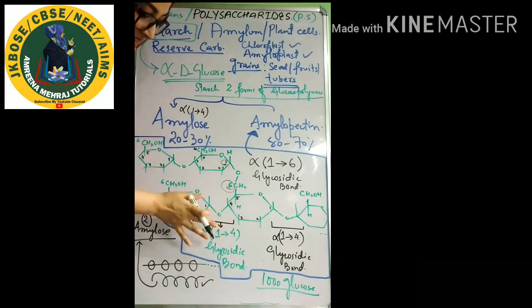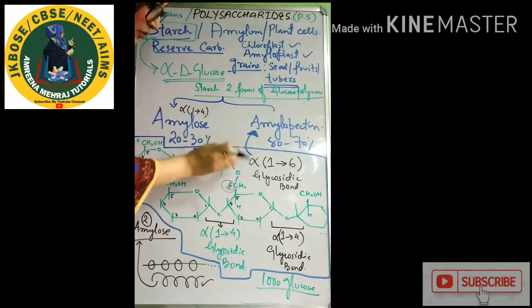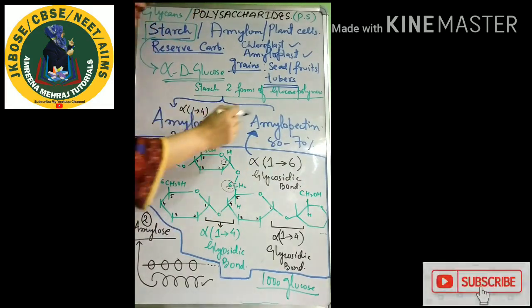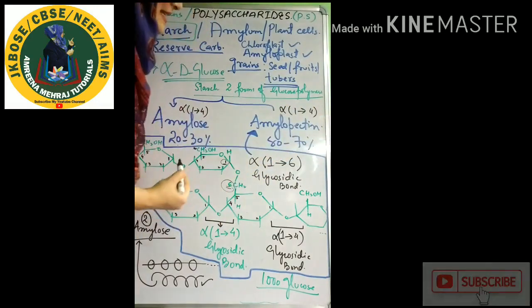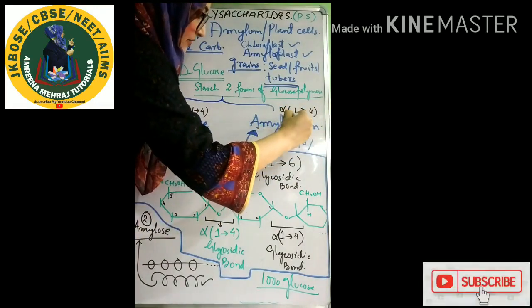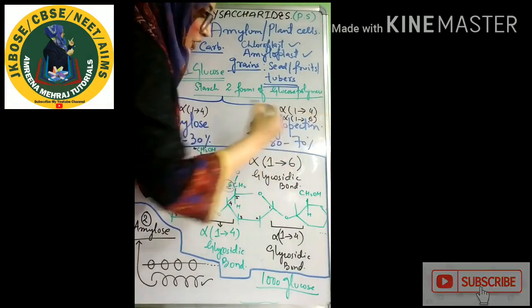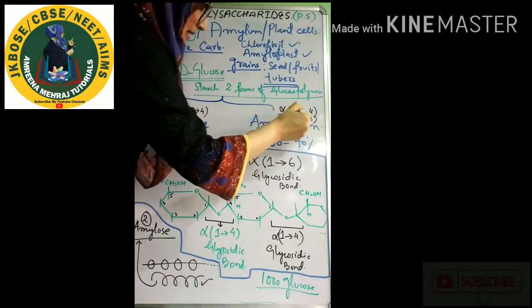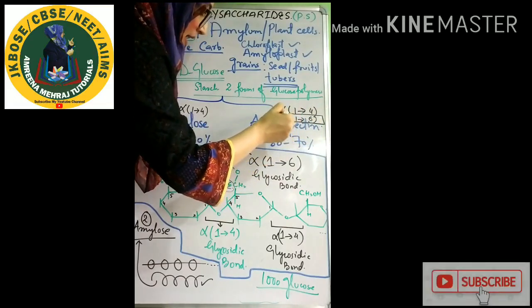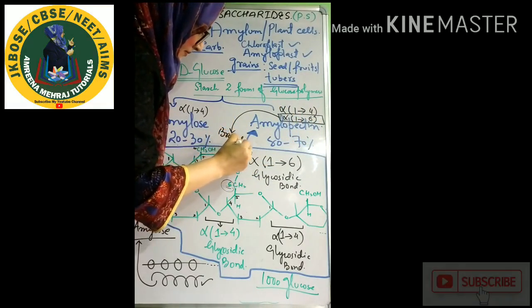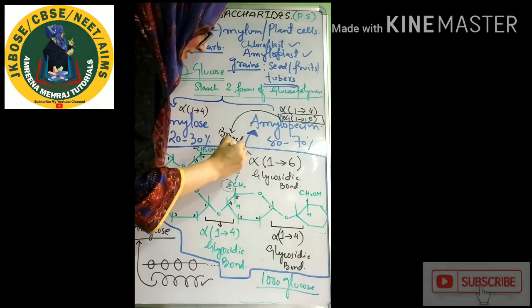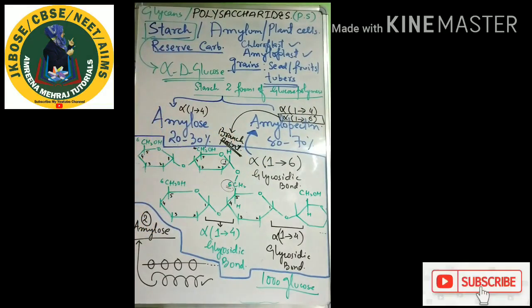Amylopectin on the other hand is branched. One polymer, another polymer, they are branched. So this is branched, having both alpha 1 to 4 linkage as well as alpha 1 to 6 linkage. Alpha 1 to 6 linkage is present where? It's present near the branching point.